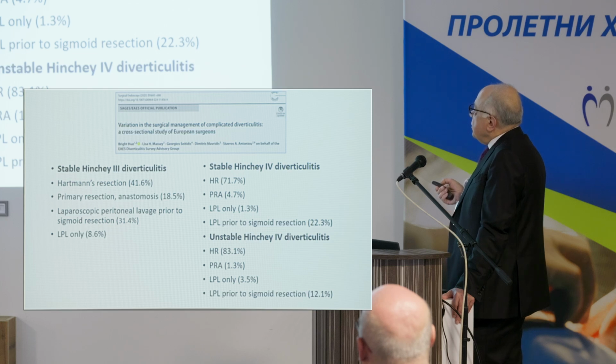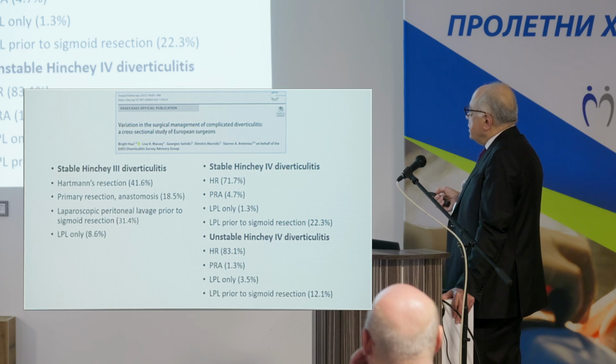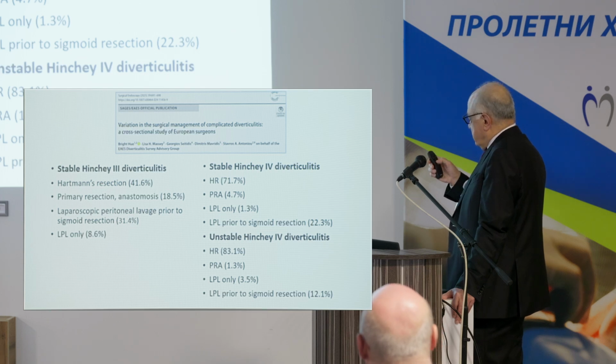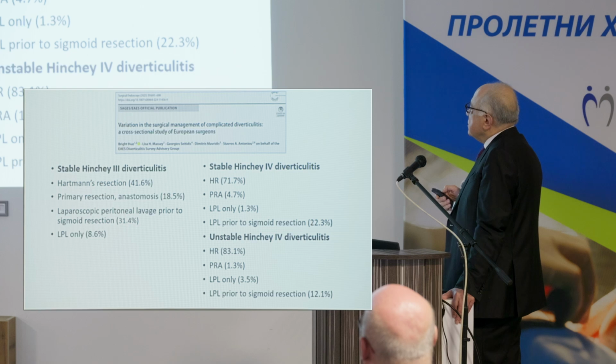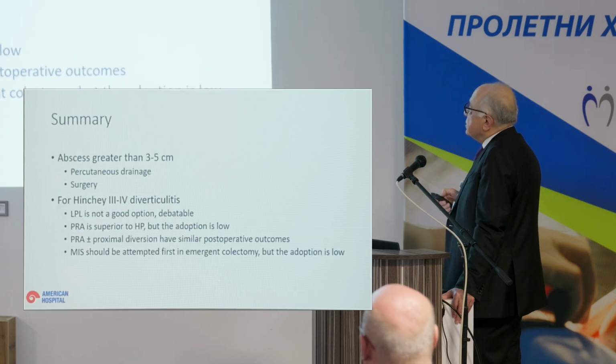For stable Hinchey 4 diverticulitis, the Hartmann procedure takes first rank. And for unstable diverticulitis, again, the Hartmann procedure is the procedure of choice. This really shows that even in Europe, surgeons may have different surgical procedures of choice for complicated diverticulitis.